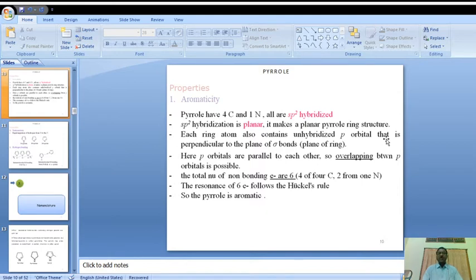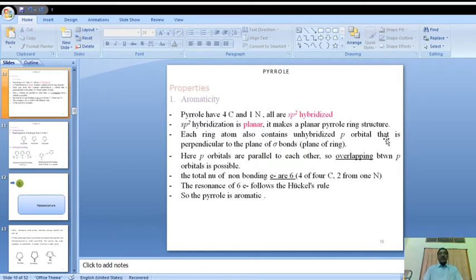All these four carbon atoms and one nitrogen atom undergo sp2 hybridization. All of them are in the same plane, so the total structure is planar; it makes a planar pyrrole ring structure. Is it clear? It's a planar structure.